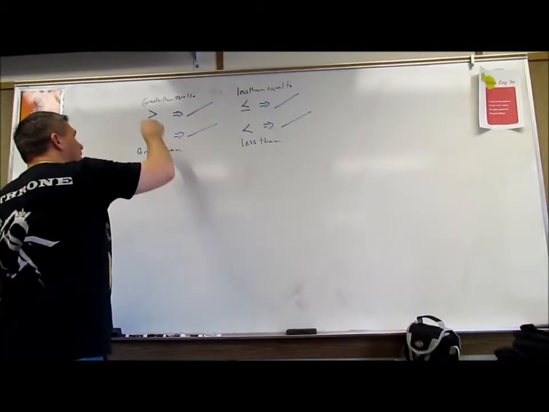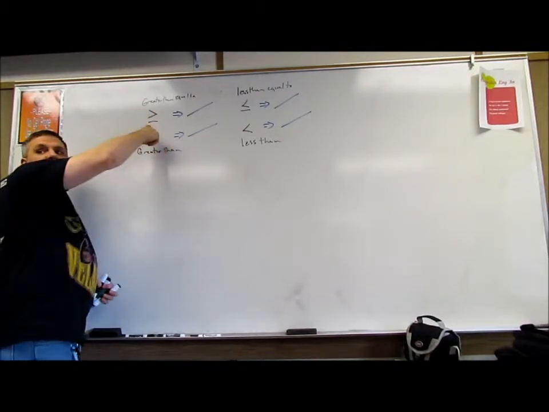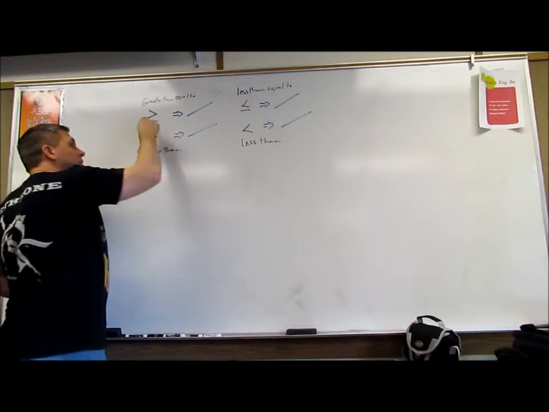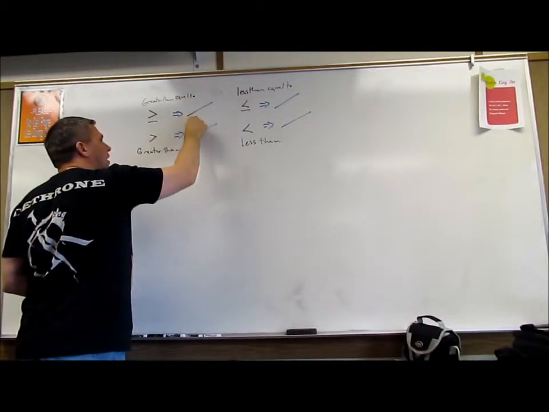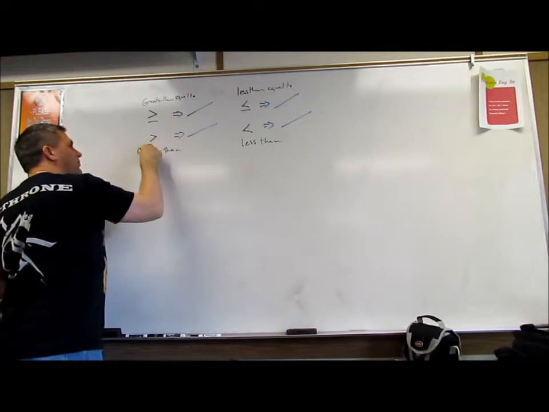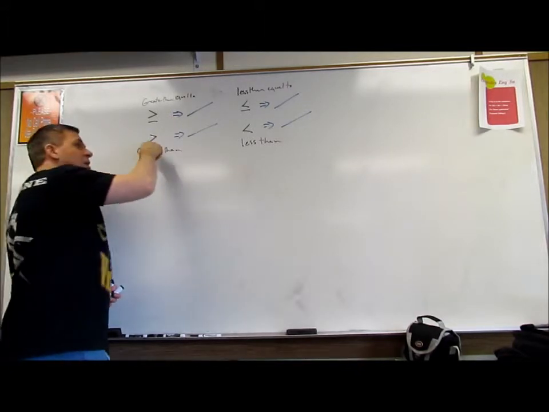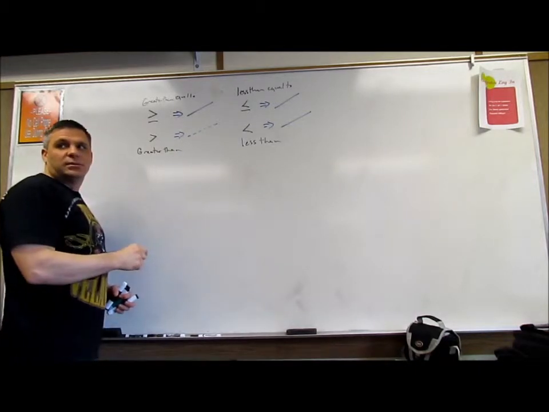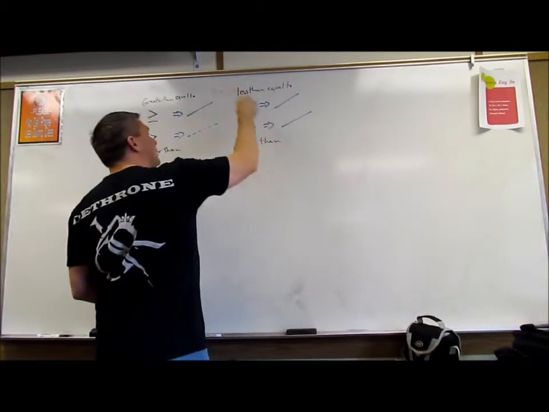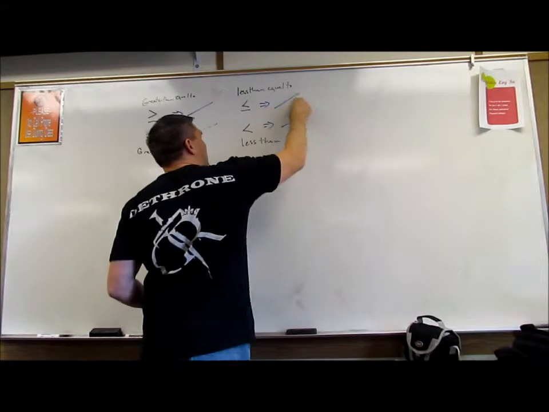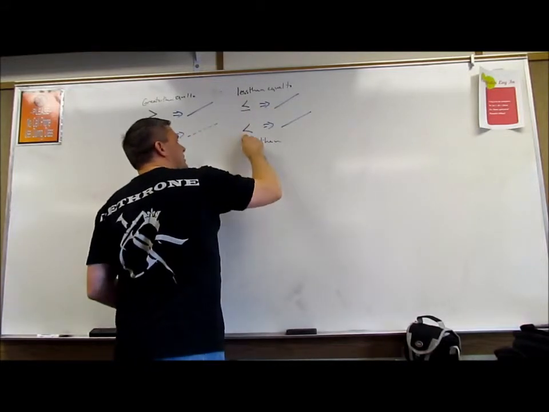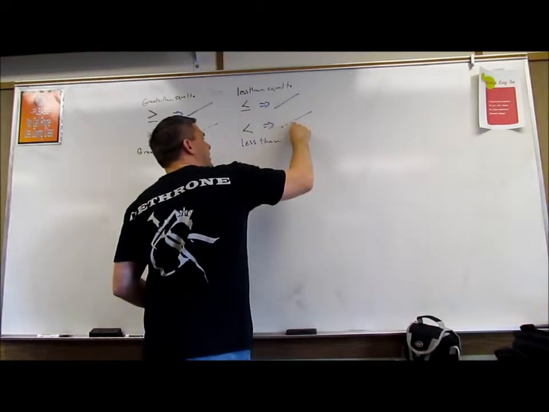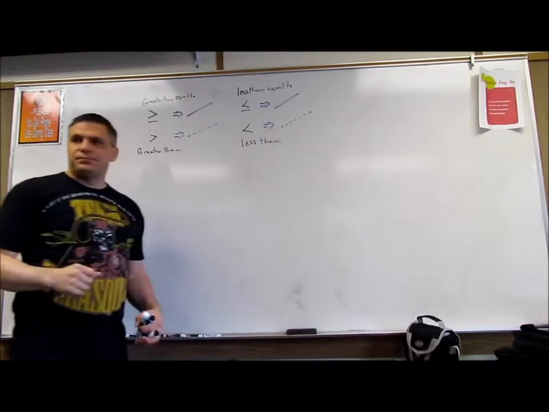When you have this kind of sign, that implies that you have a solid line. When you have this type of sign, that implies that you have a dotted line. Same thing over here. Equal to, solid. Less than, only less than, dotted. Okay?